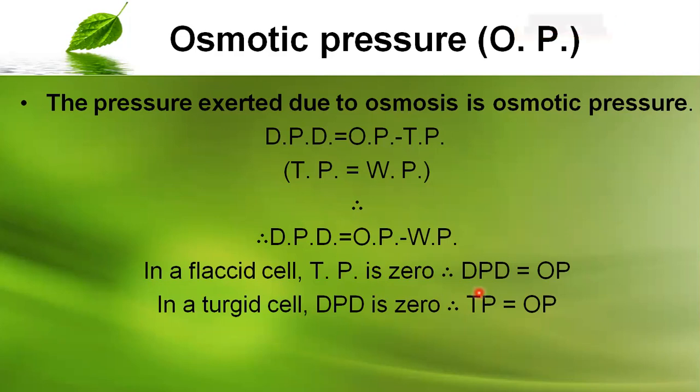So diffusion pressure deficit is equal to only osmotic pressure, like this: OP minus 0. So DPD is equal to OP. Now, in a turgid cell, when the cell absorbs water and forms a pressure on the wall, the diffusion pressure deficit is 0. So turgor pressure is equal to the osmotic pressure.